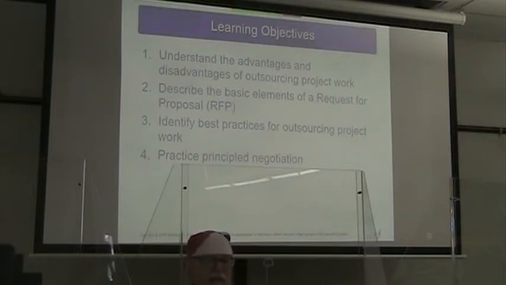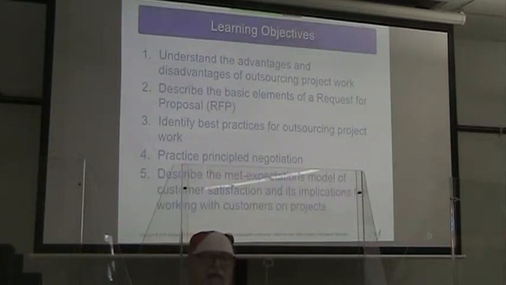Four, practice principled negotiation. And five, describe the met expectations model of customer satisfaction and its implications for working with customers on projects. So we're in for an exciting ride today. Buckle up.